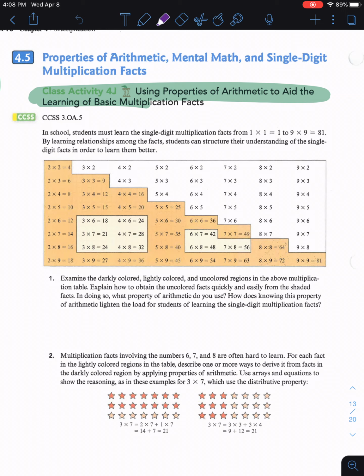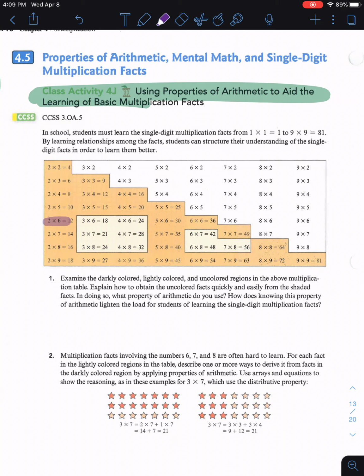So for example, if we look at the white area, all of these basic facts like 8 times 3, or 9 times 3, or 6 times 2, they don't need to memorize if they remember the basic facts in the orange. So 2 times 6 is 12.